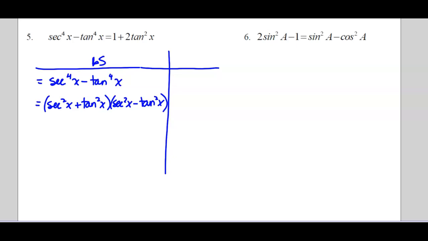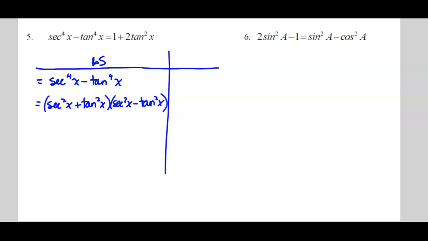I always look to the right-hand side, the other side that I want. It only has two terms, but it just has tan in it. So I have some tans, but I also have some secants. On my formula sheet, if you take a look, secant squared is 1 plus tan squared.